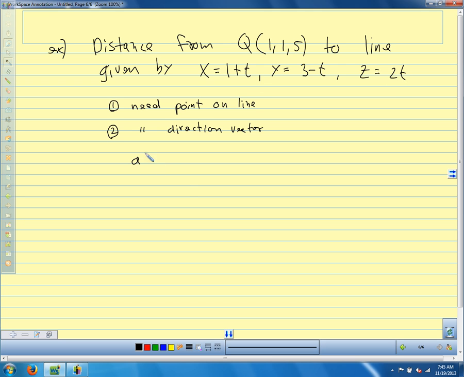So I'm going to write that down. At t equals 0, a point on the line, we'll call it P, is (1, 3, 0). And our direction vector we get from the coefficients on our parameter.